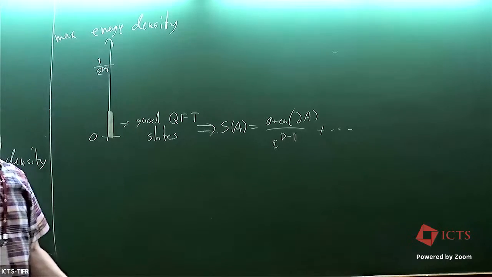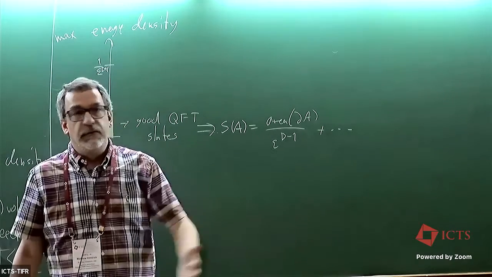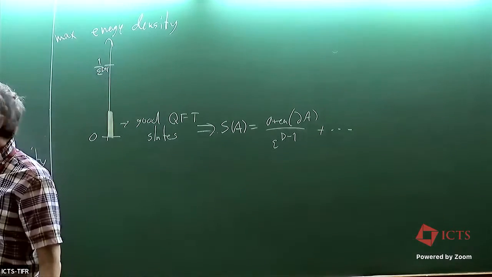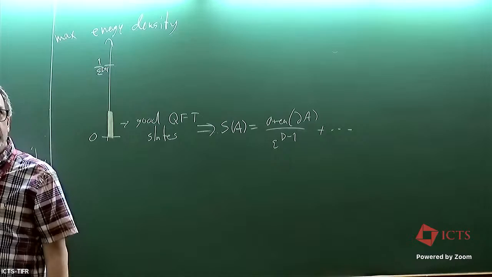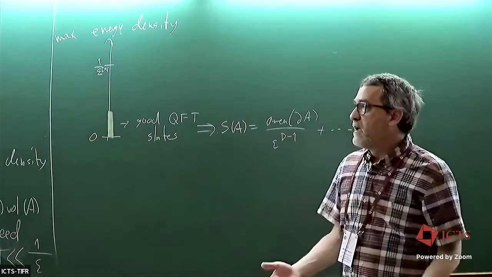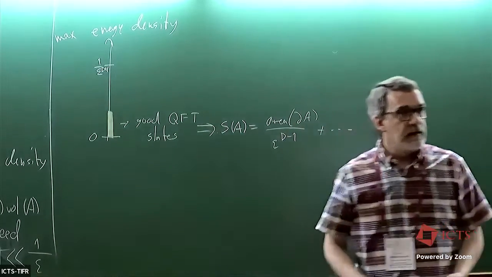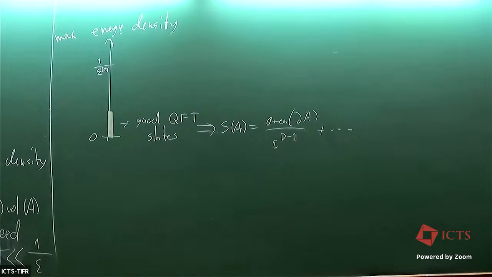So you can use a lattice to model, even though you're getting the ultraviolet wrong, even though the deep ultraviolet of the lattice is different from the deep ultraviolet of some other system, it doesn't matter as long as the temperature is much less than that. Is that okay? Okay.